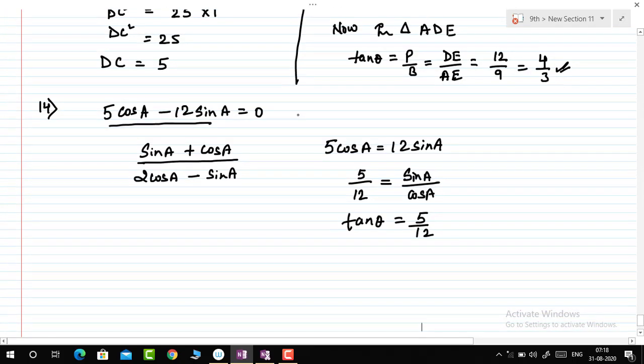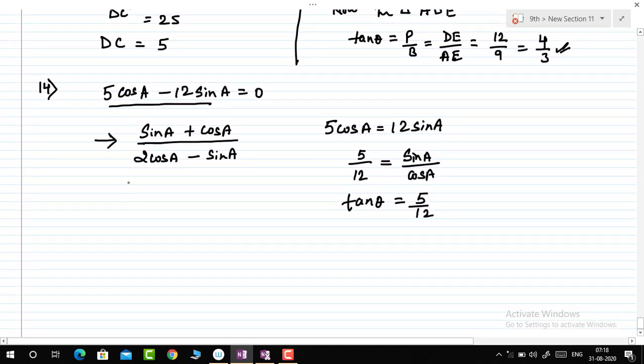Now we have to find the value of this expression.